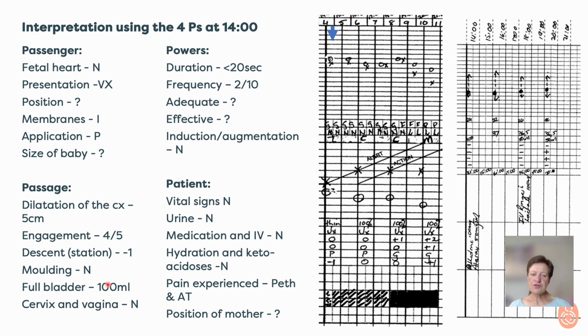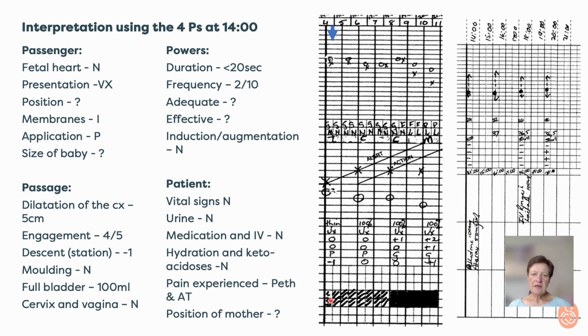The patient has passed 100 milliliters over 4 hours, which is a little bit little. We need to be worried about that and check that the patient passes more urine because, as I've said, 100 milliliters is a little bit little, depending on how much fluid she has taken in, or in whatever way. So we need to check that.